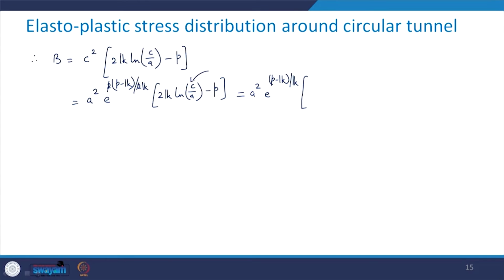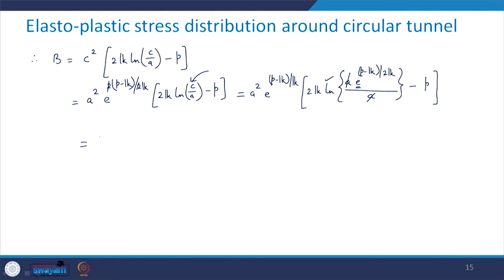again here I substitute the expression for C. So, 2 kappa ln A e to the power P minus kappa upon 2 kappa, this whole thing divided by A, minus P, and here this A will get cancelled out, and you see here this is ln and exponential.